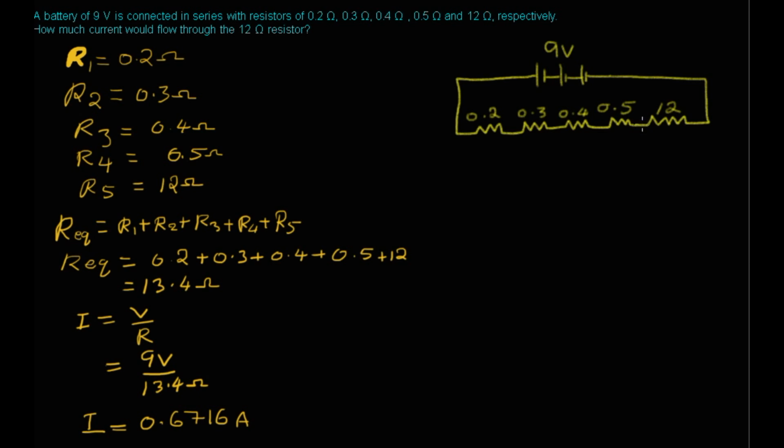Suppose parallel to the 12 ohm resistor, I am connecting one more resistor like this. Suppose it is 6 ohm. Then the current flowing through the 12 ohm will be different. Now we can see how to calculate the current flowing through the 12 ohm resistor after connecting a 6 ohm parallel to that.